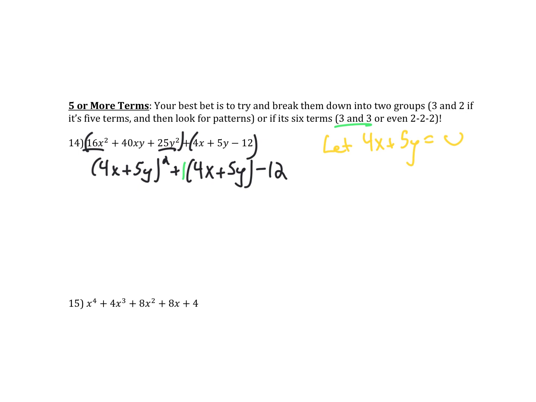If I do that to my problem here, I have u squared plus 1u minus 12. So I have u squared plus u minus 12.